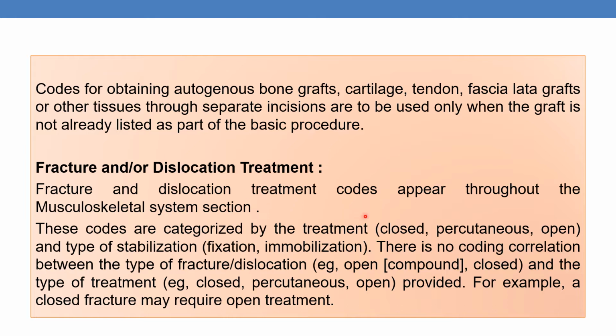Now coming to fracture and or dislocation treatment. Fracture and dislocation treatment codes appear throughout the musculoskeletal system section. These codes are categorized by treatment, whether it is closed, percutaneous or open, and by type of stabilization, whether it is fixation or immobilization.